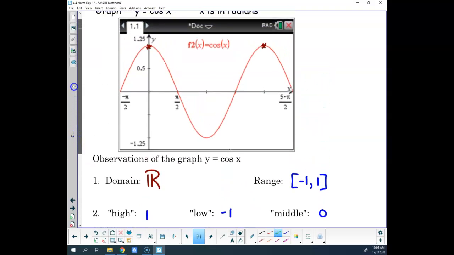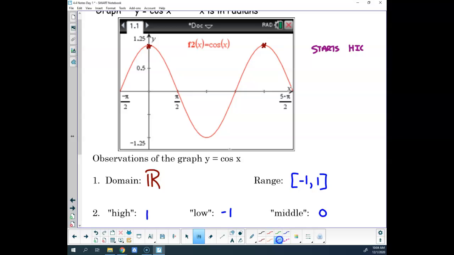The only difference with our cosine curve is that if you'll notice, our cosine curve starts at the high point. Then it comes to the middle.